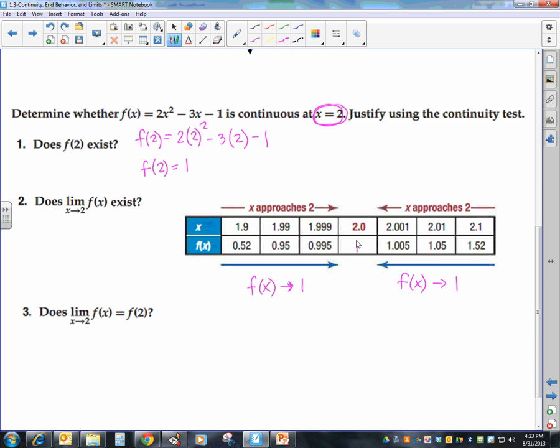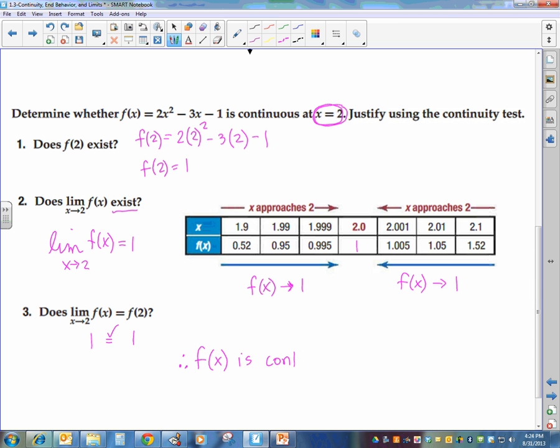However, when the function is approaching the same number no matter which direction I go, then I say that the limit as x approaches 2 of my function is equal to 1. So it does exist. Its value is 1. And since the limit as x approaches 2 of f of x is 1, and the value of the function is 1, then I can say that my function is continuous. Therefore, f of x is continuous.